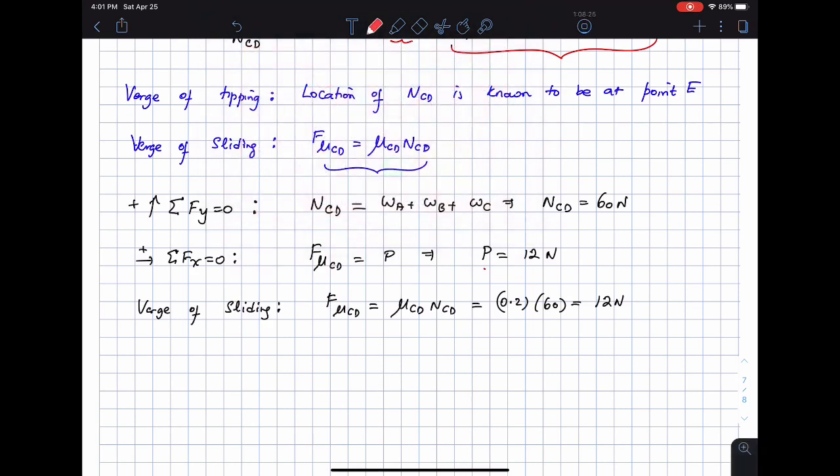Okay, which is obtained from here. Substitute from there. Since it's on the verge of tipping, I can sum moments about the point E. So the sum of moments at the point E is equal to 0.